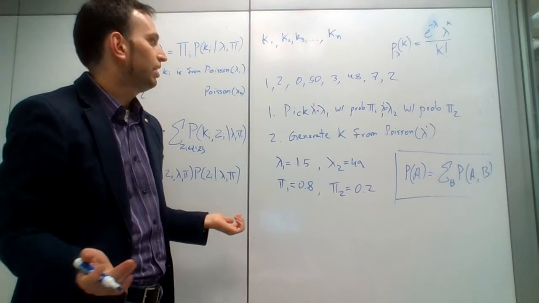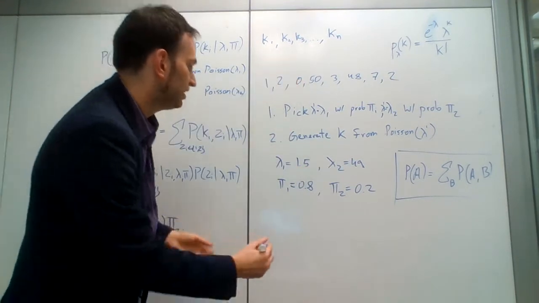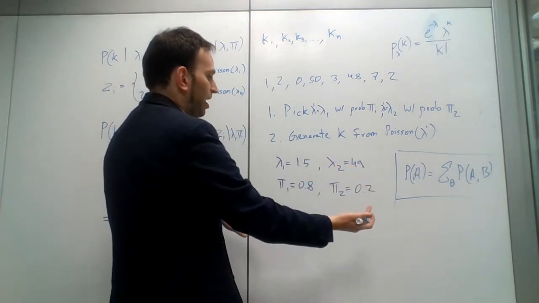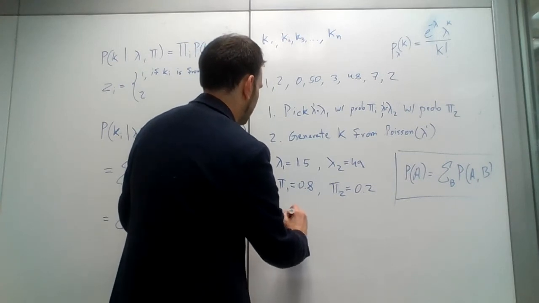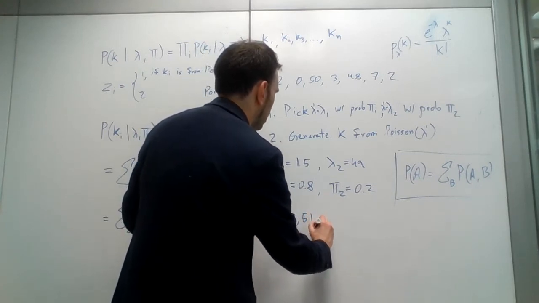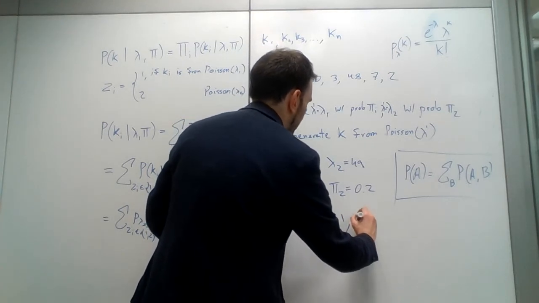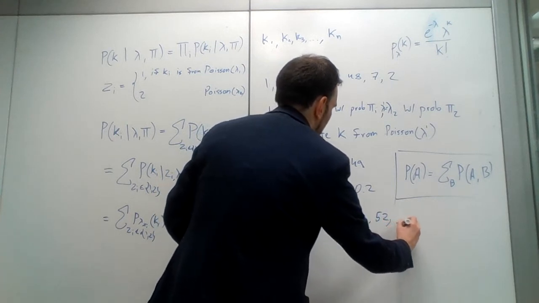And again, for those, what would be an unlikely data set? Well, one example would be, let's say the lambdas are okay, but the pi's are wrong, right? So let's say the data set looks kind of like this: 51, maybe 40, and then maybe here's a 1, and now it's again 49 and 52, and so on.